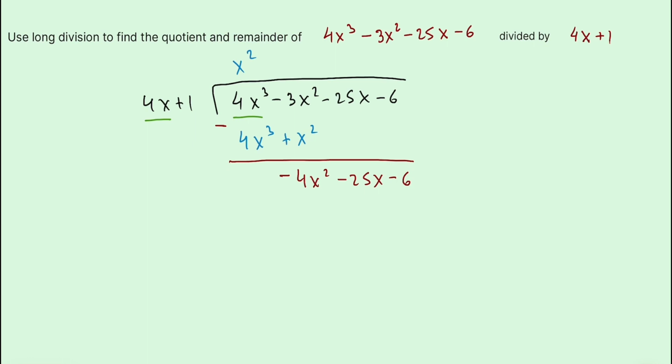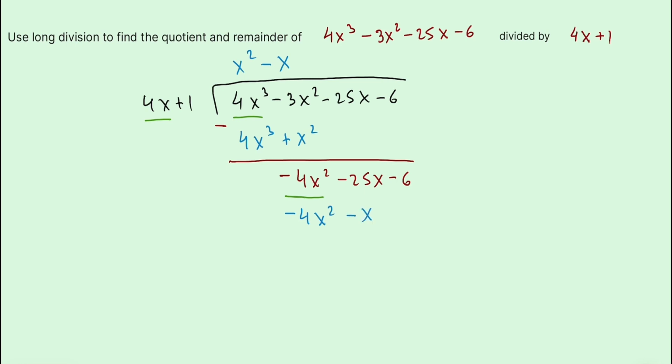Now we divide the first term, negative 4x squared, by the first term of our factor, 4x, which gives us negative x. We write that at the top. Now we multiply negative x by each term of the factor: negative x times 4x is negative 4x squared, and negative x times 1 is negative x.